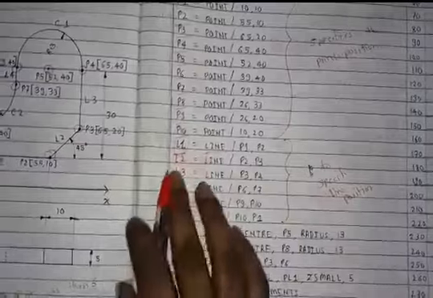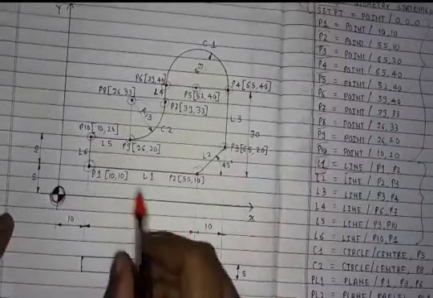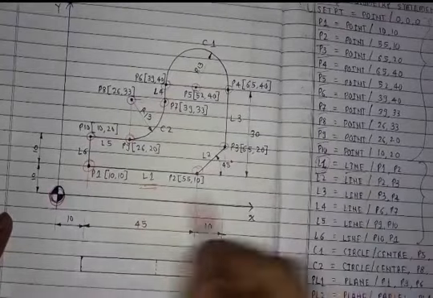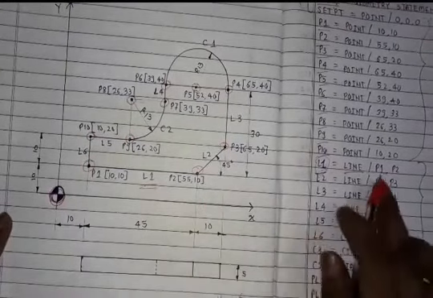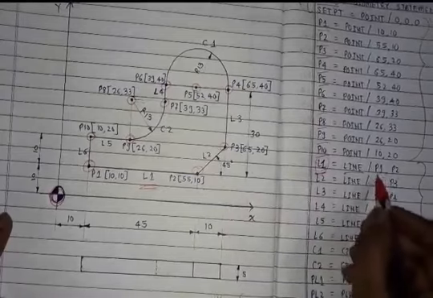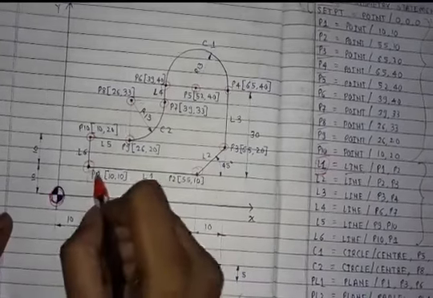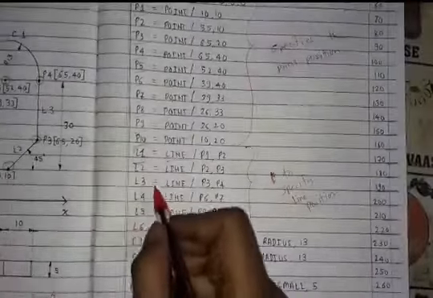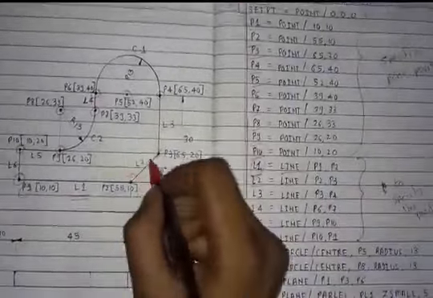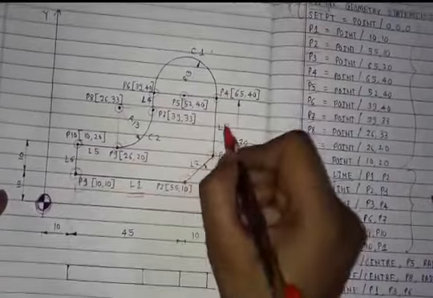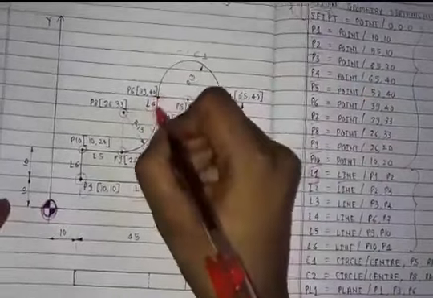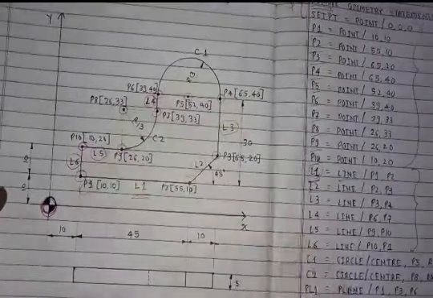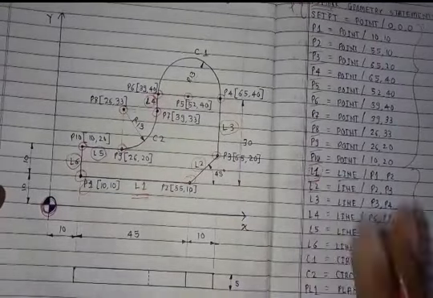This symbol represents the line L1, which joins the point P1 and P2. Similarly, lines L2, L3, L4, L5 and L6 are specified in the geometry statements.